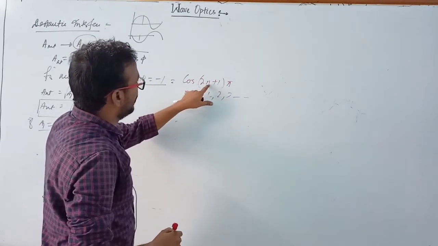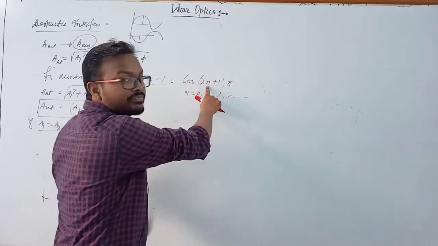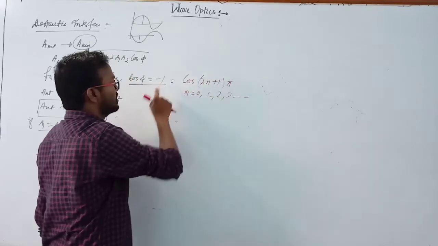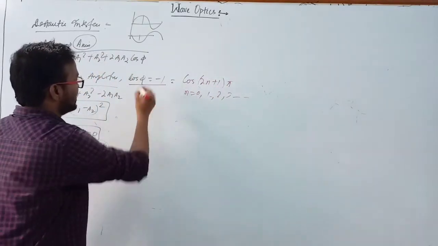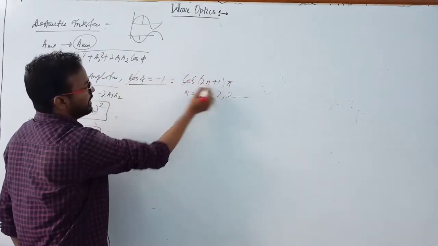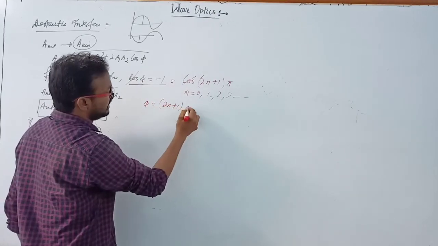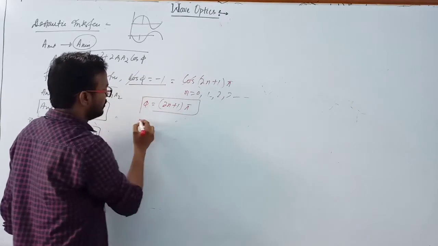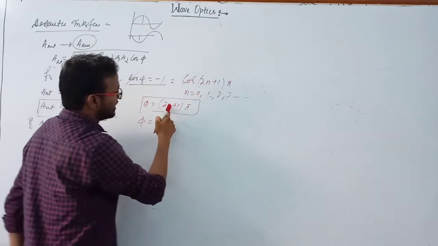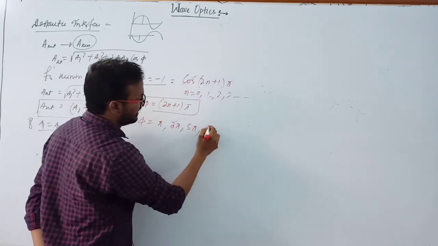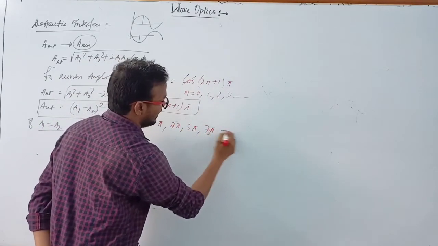Then n equals 1: 2 plus 1 is 3, so 3 pi, and cos 3 pi equals minus 1. Same way, cos cancels, and phi equals (2n plus 1) into pi. Using the values, we get pi, then 3 pi, 5 pi, 7 pi and so on.